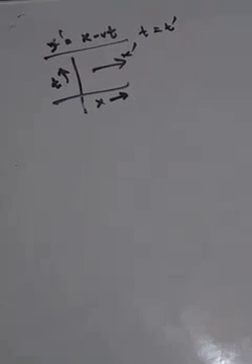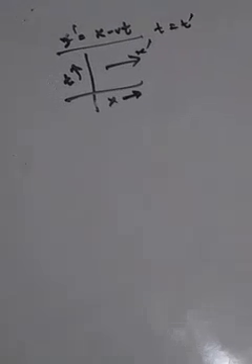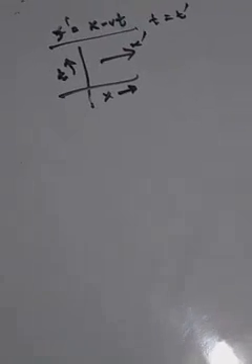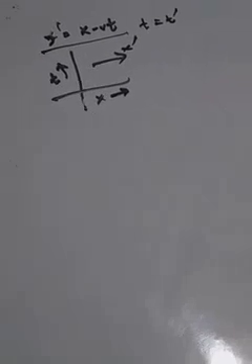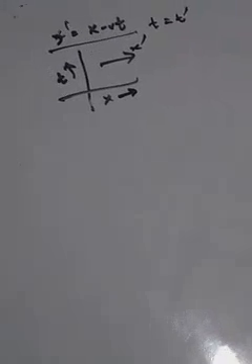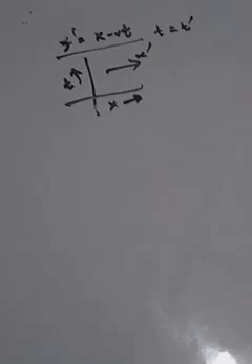He first of all postulated that the laws of physics are the same in all reference frames, that is, you cannot distinguish one reference frame from another reference frame moving at a constant velocity with respect to the first one.